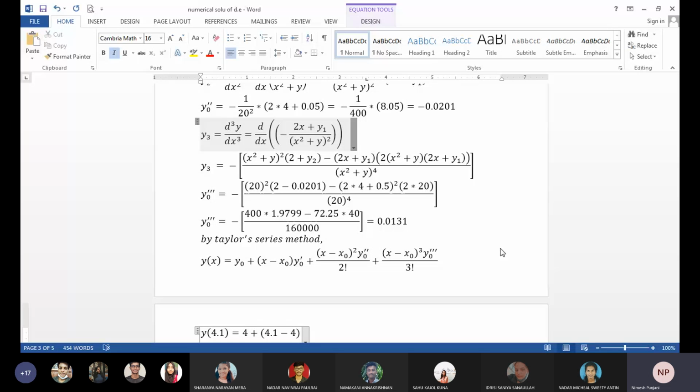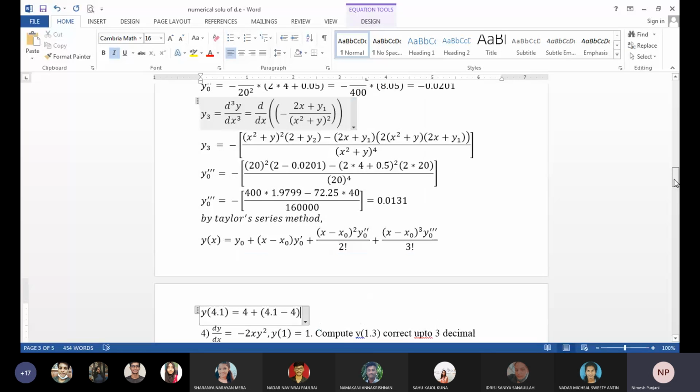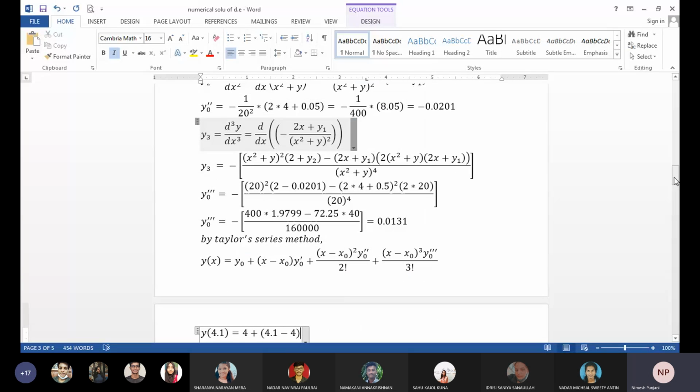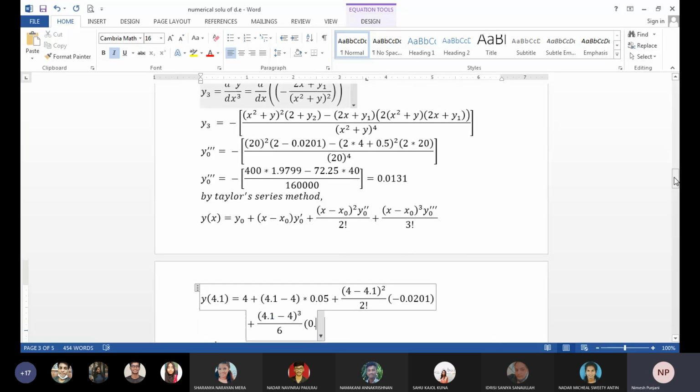X0 is also 4, and y0 dash is 0.05 plus 4 minus 4.1 ka square divided by 2 factorial into y0 double dash, that is minus 0.0201 plus 4 minus 4.1 minus 4 ka cube divided by 3 factorial, which is 6, and multiplied by 0.0131.